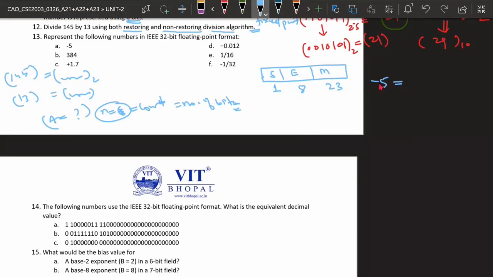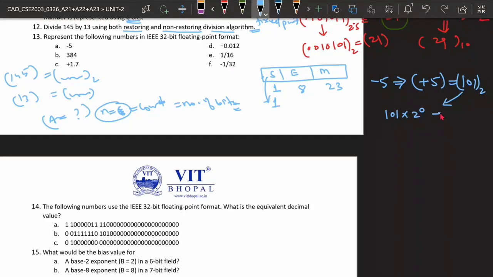For representing the negative sign there is a separate bit, so you can take only +5 and make the sign bit 1. Now convert 5 to binary, which is 101. This 101 is the number you need to represent in scientific form, so it will be 101 into 2 to the power of 0.